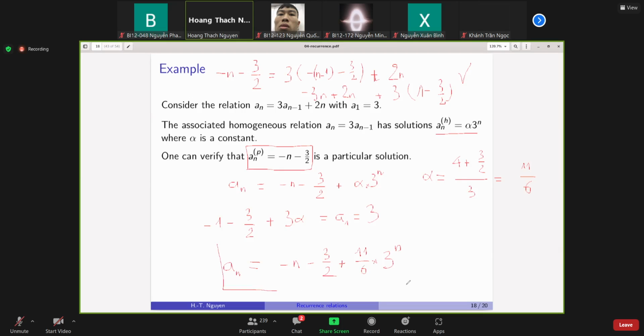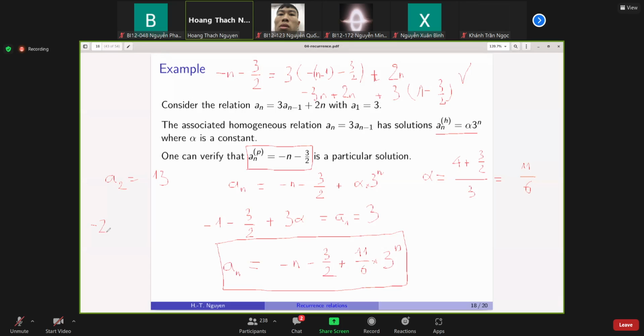So this is the solution. You can verify: if a1 is equal to 3, then what is a2? a2 will be equal to 3 times 3 plus 4, which is 13. You can plug n equal to 2 here to see it is equal to 13.